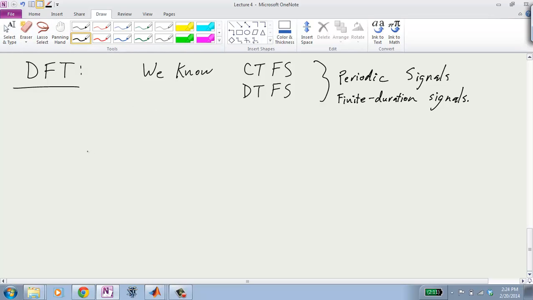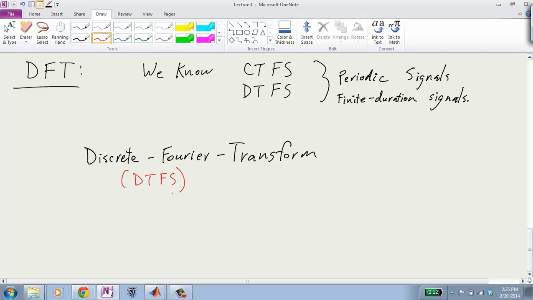So we see that we can use the Fourier series for either one of these. Now, the DFT stands for discrete Fourier transform. In fact, the best way to think of this is that it is a discrete time Fourier series. So why do we need a new name?